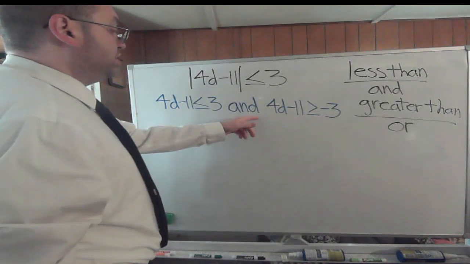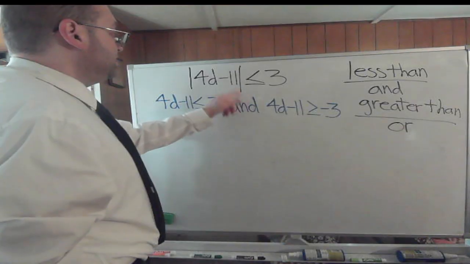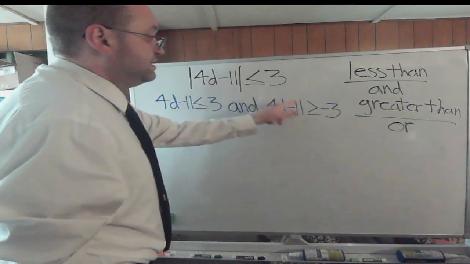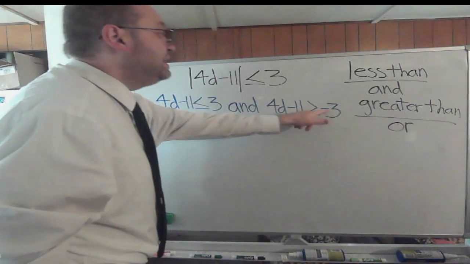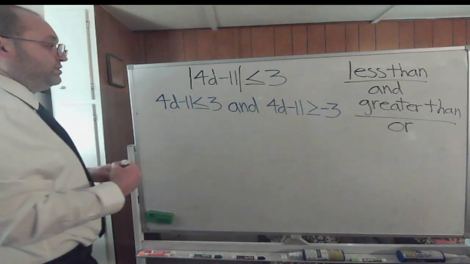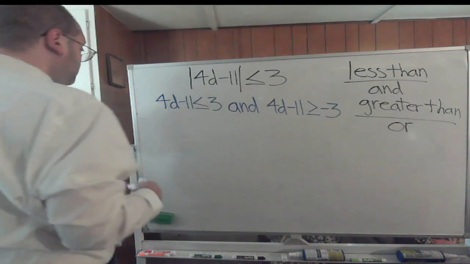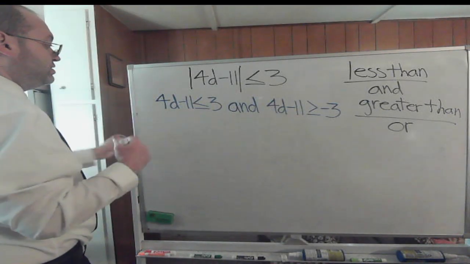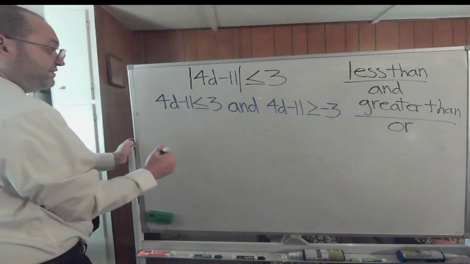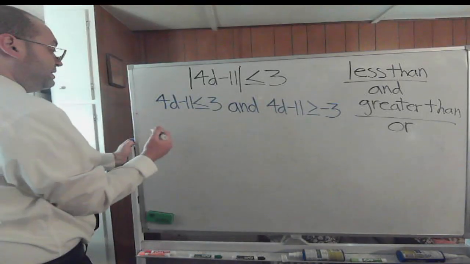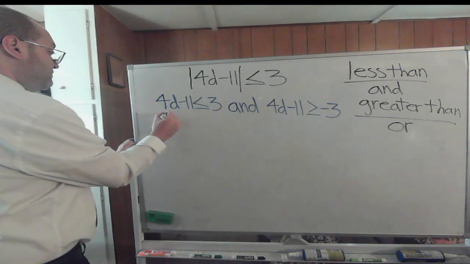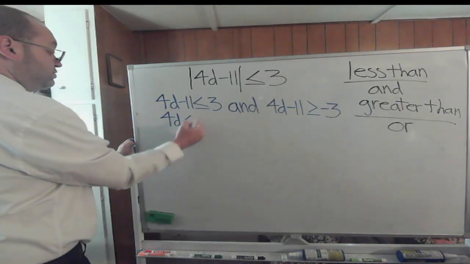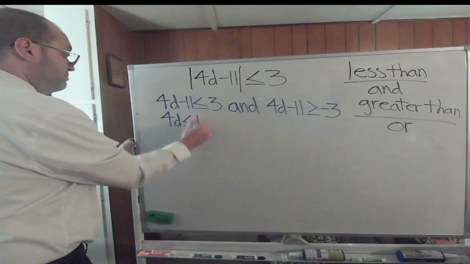For the second part, you keep and, you do and, then you keep what's inside the absolute value, flip your inequality sign to greater than or equal to negative 3, the negative of what's on the right. Now we just got to solve these two inequalities. So 4d minus 11 is less than or equal to 3. Well, that's going to give you 4d is less than or equal to 11 plus 3, that would be 14.